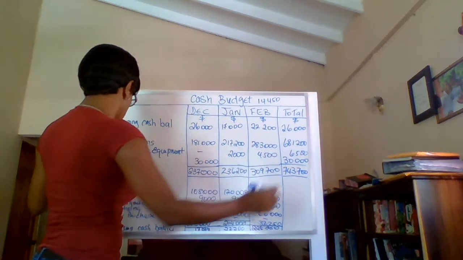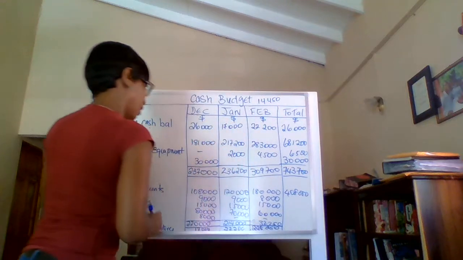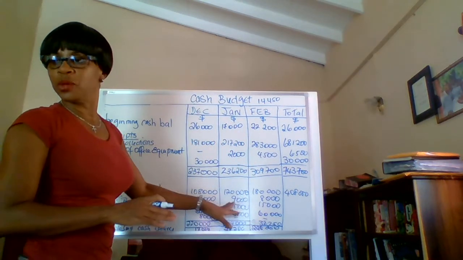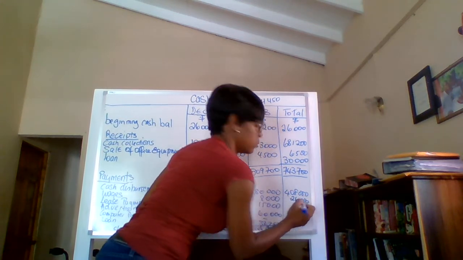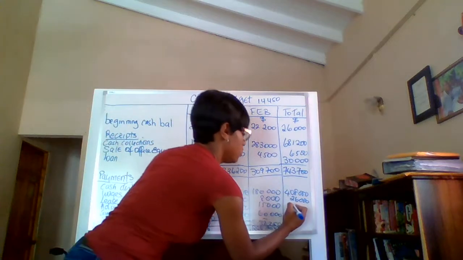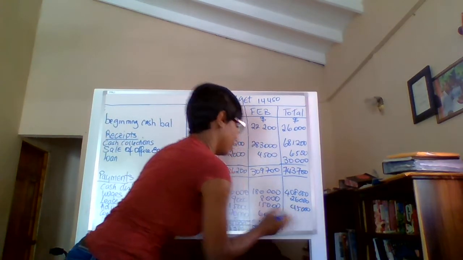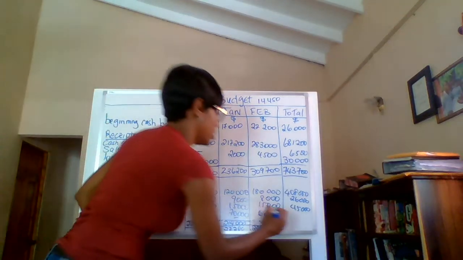Same thing here, we add across. Total cash disbursements is $408,000. Our total wages for the period, 9 and 9 plus 8, is $26,000. Then we add our lease payments, that's $45,000, the $15,000 added across. We add advertising. Advertising amounted to $210,000.